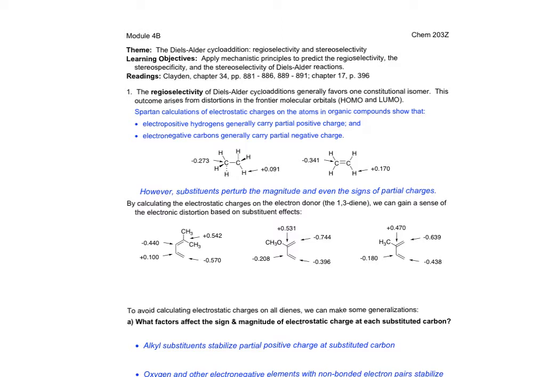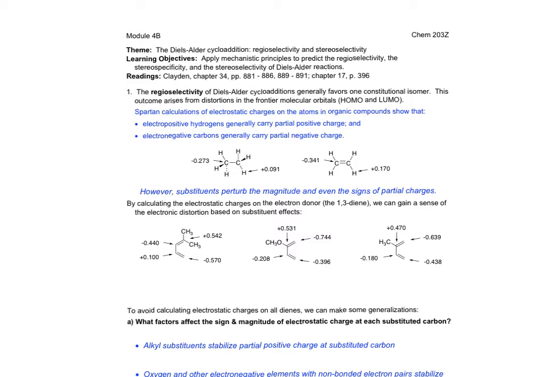As described in the worksheet, we can calculate electrostatic charges on atoms using Spartan, and in general, electronegative carbons will have negative charge, electropositive hydrogens will have partial positive charge. But in the case of substituted hydrocarbons, this can change the level of partial positive charges.